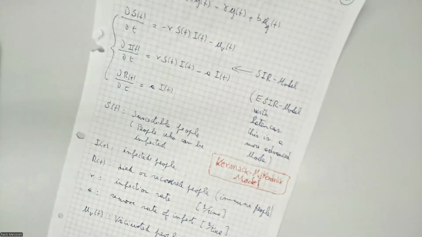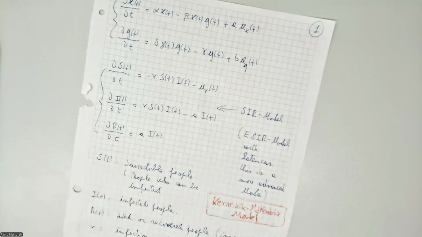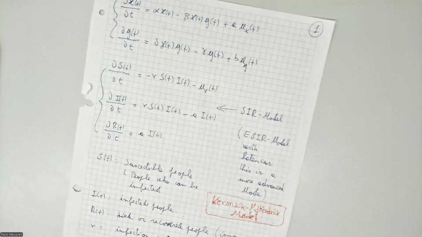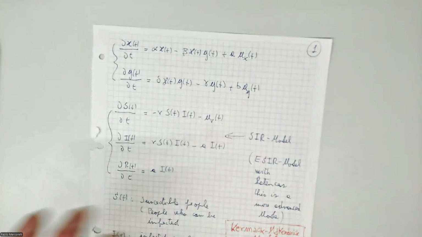Basically, each day at that time, we copied the data from the newspaper, and then we simulate how many people should be vaccinated in order to achieve, as we will see in a few minutes, the goal which we want. I will introduce the goal.